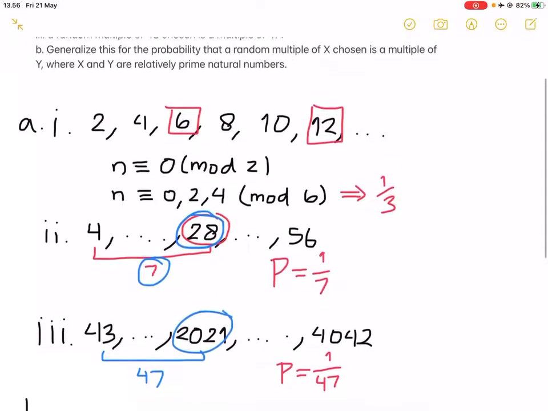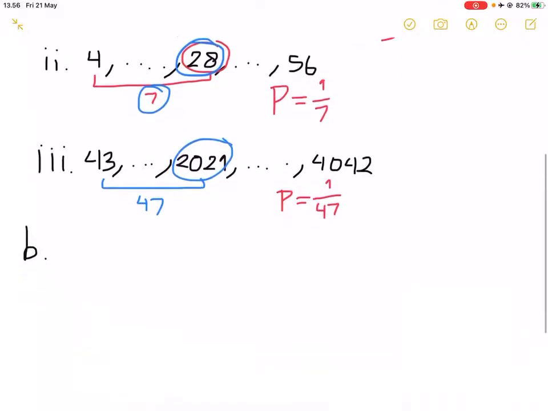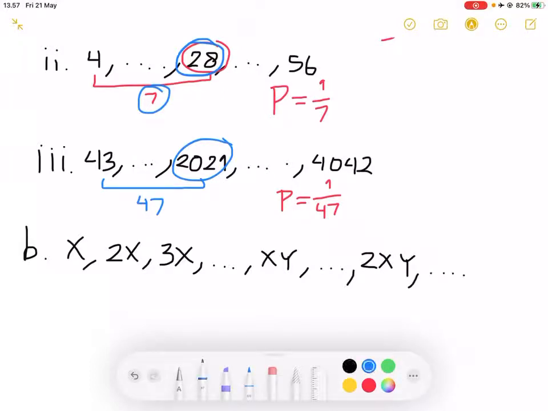And let's just try to generalize this for some arbitrary, relatively prime natural numbers x and y. So first, let me just write the multiples of x, which will be x, 2x, 3x, all the way up to, let's say, xy. And after that will be 2xy. And after that will be 3xy and so on. Now, pay attention to this right here. Notice that the first multiple of both x and y appears here, which is xy.